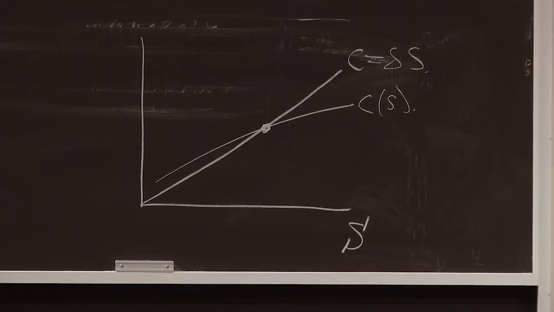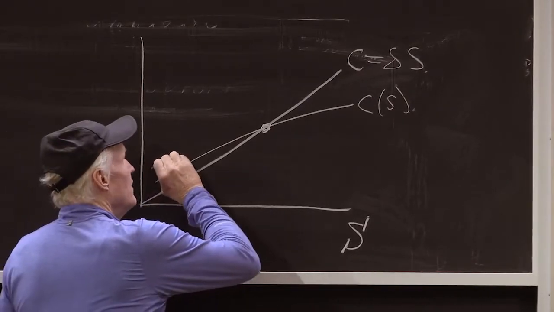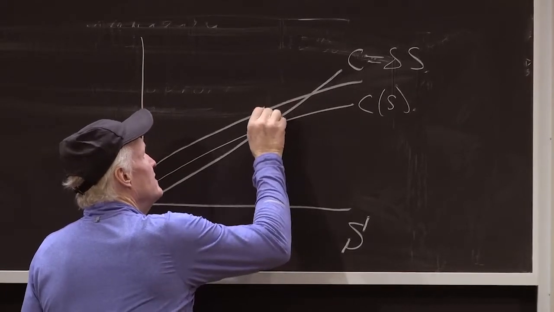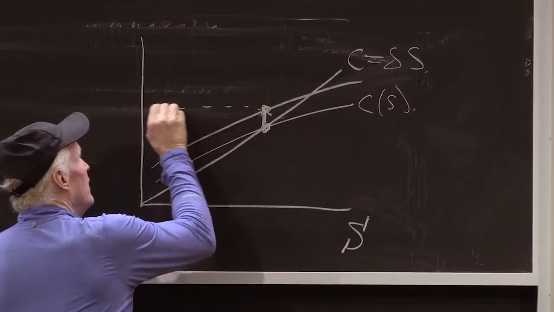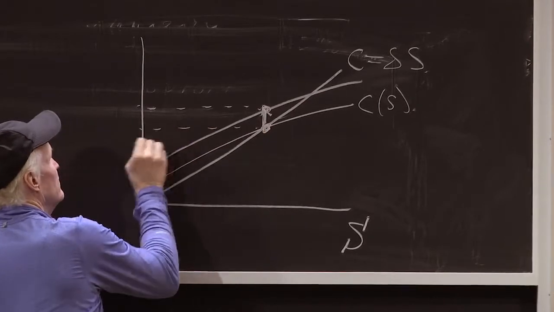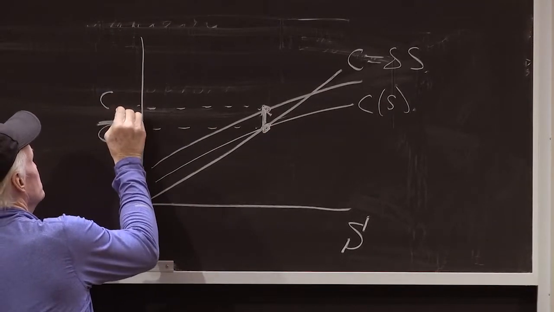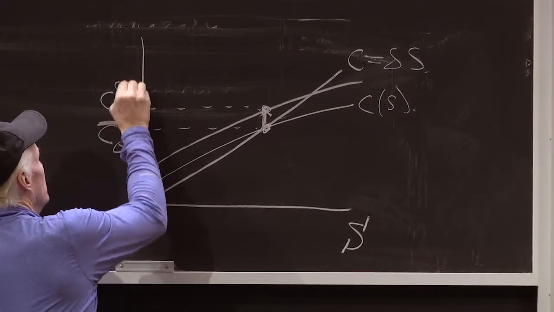So then what happens if you change prices? Well, if you change prices, C goes up. So this is C0 bar. This is C1 in the short run.